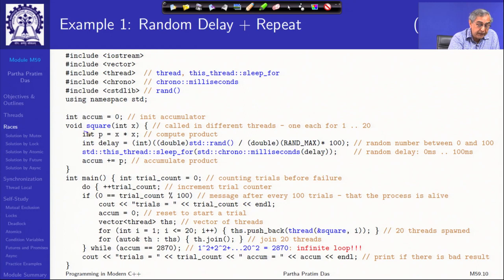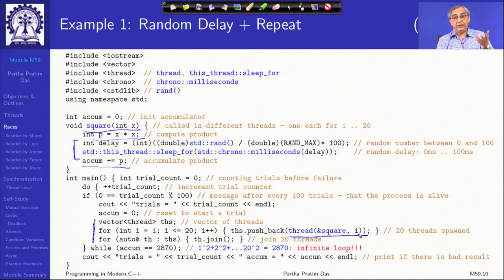Here you can see that there is a function square which computes a square and accumulates, and here is where we put an arbitrary amount of random delay to simulate that the product operation is a heavy operation. And here is where we do multiple runs. This is the actual body of the program where we create a default array of threads, and then put different threads with the associated square function, but different parameters, in the vector.